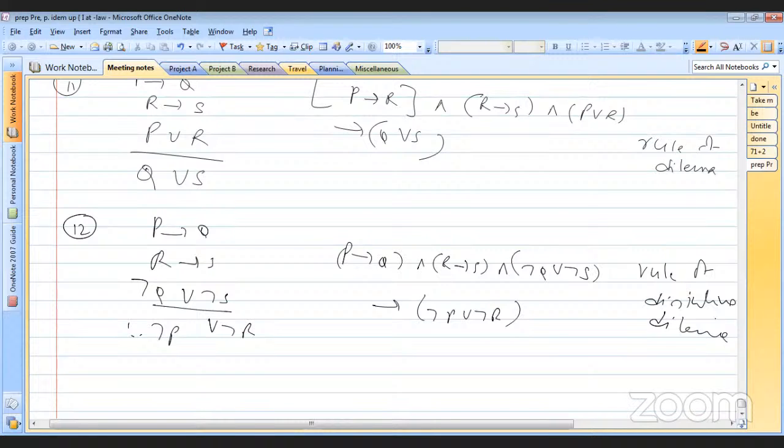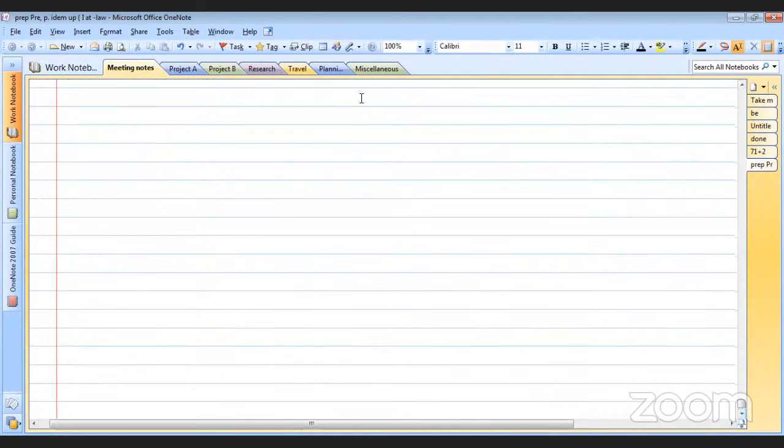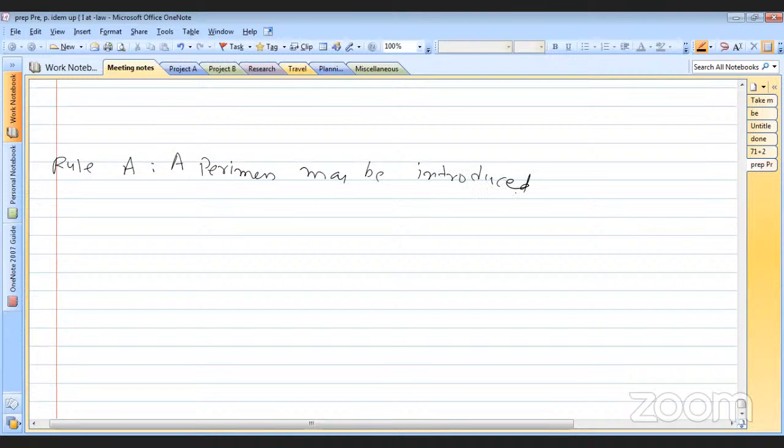Rule P: a premise may be introduced at any point in the derivation.